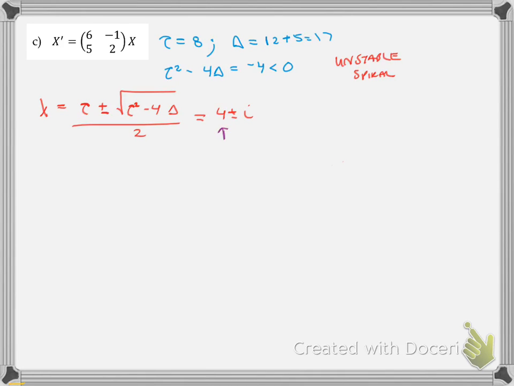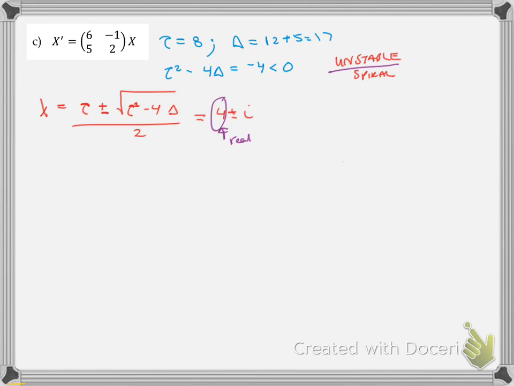Remember, we only look at the real part to instruct us on what type of solutions we have, or the graph of the solutions. We know it's going to be a spiral. It's going to be circular because of the cosine and sine, because this is a complex solution. But this 4 will tell us if we're going away from the origin or toward the origin. And because it's positive, we know we are going away from the origin. So that's why it's going to be an unstable spiral.